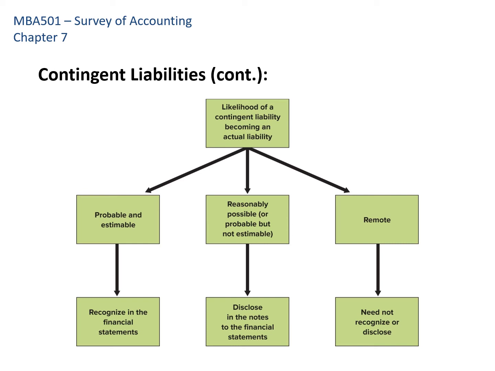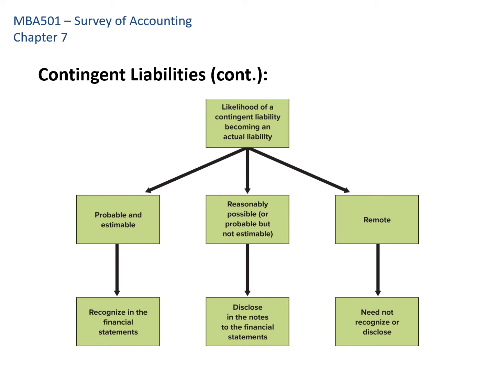It's probable and we can estimate it. In that case, I would need to recognize it in the financial statements, meaning I would have to create a liability called lawsuits payable or a contingent liability, and then I would recognize an expense at that point, even though it hasn't happened yet.